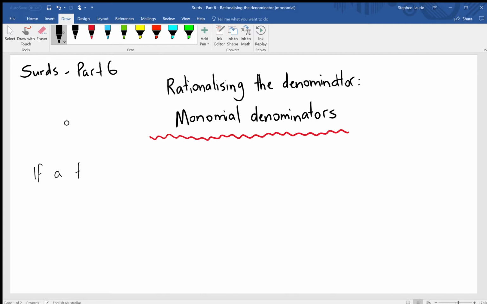If a fraction has a surd in the denominator, we usually like to make the denominator rational.